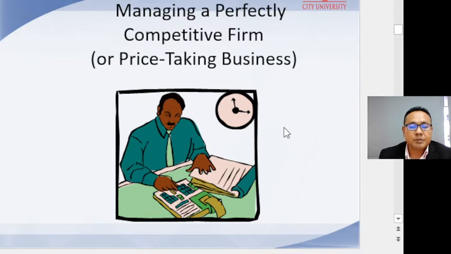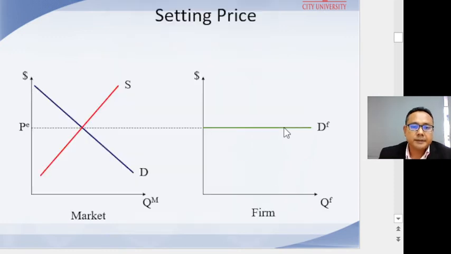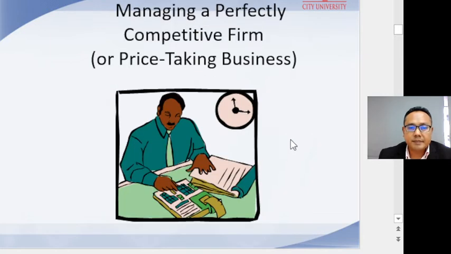Price taking means you have to follow the market price, and you have to offer the market price as your firm's price. This shows us the price equilibrium for the market, and the price demand for our firm will be the same. That means we are a price-taking business.